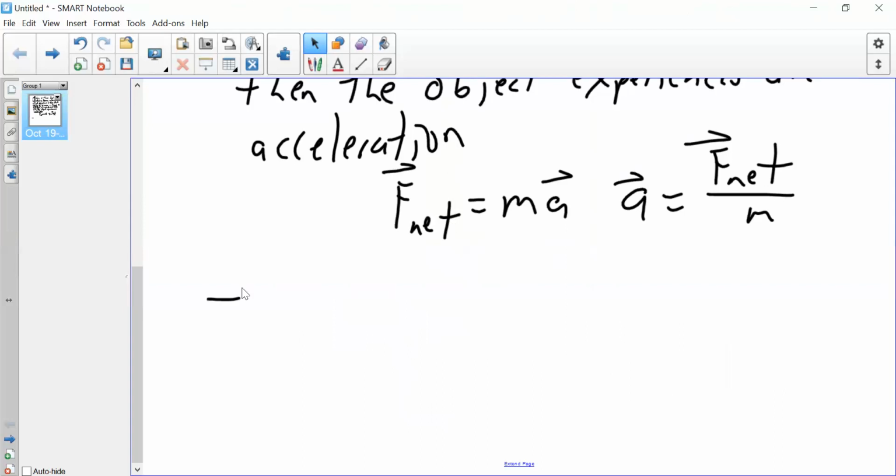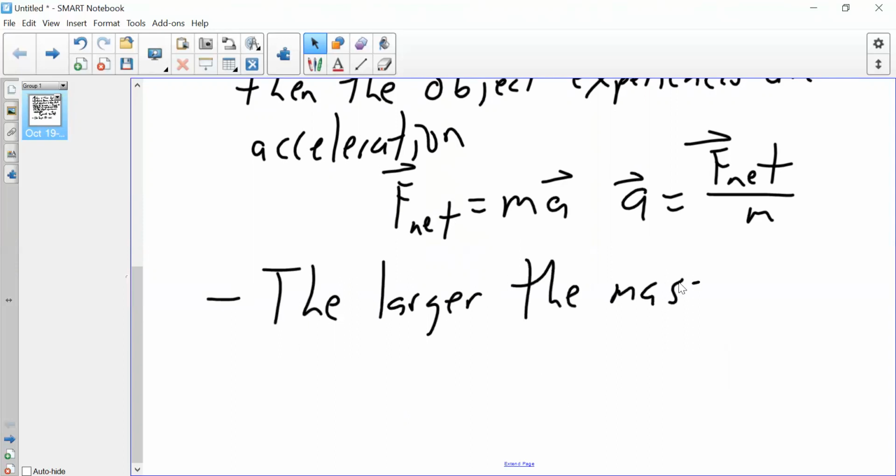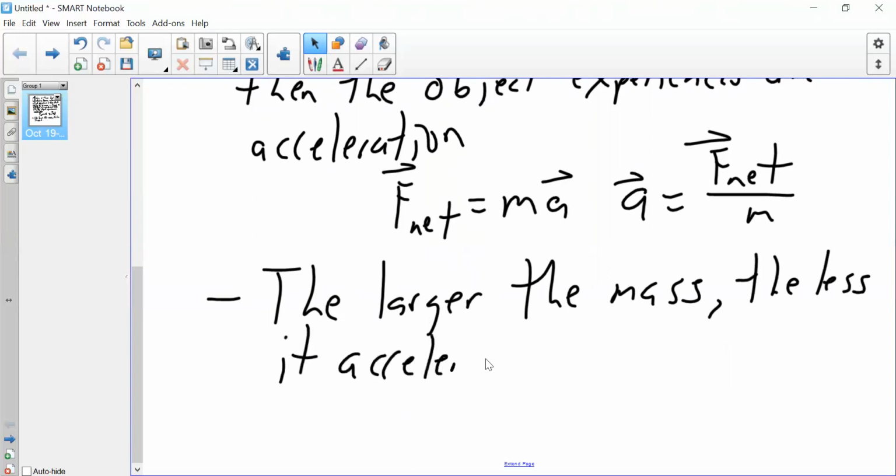Okay, also we talked about this. The larger the mass, the less it accelerates, right? Just from the inverse relationship.